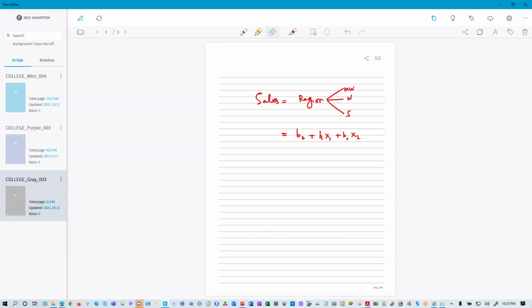And that's for only that guy. Okay. So then x1, this B1 represents what? Midwest 0 and West 0, South 0. X1 represents what? Midwest 0, West equals 1 and South equals 0.